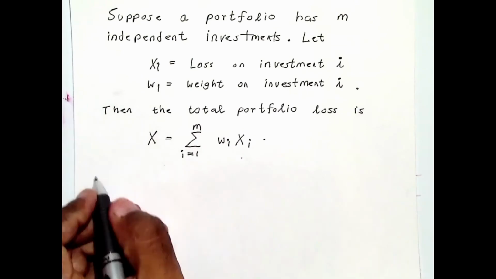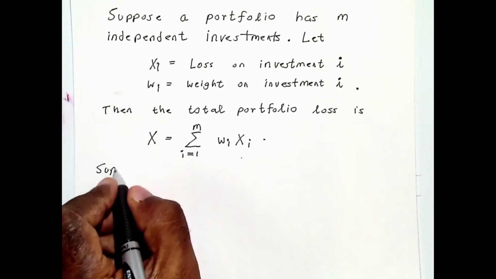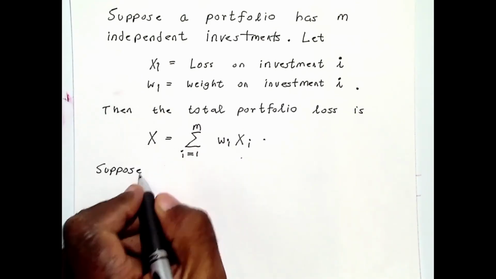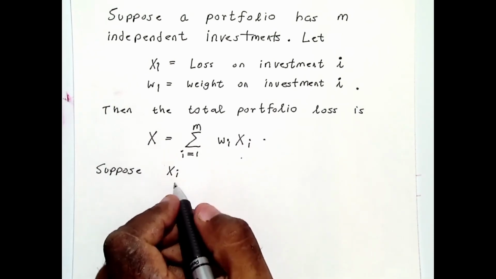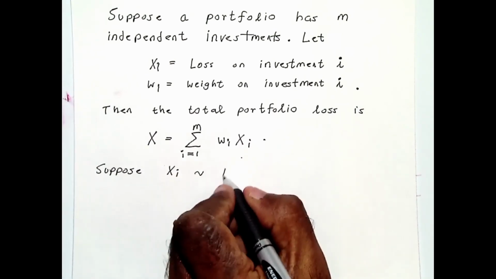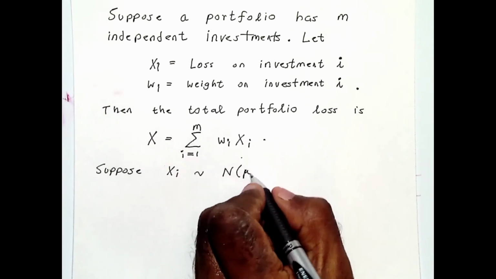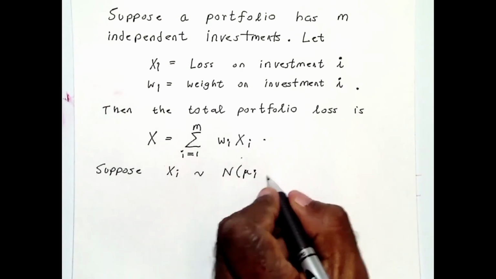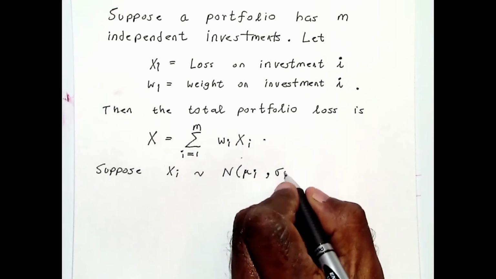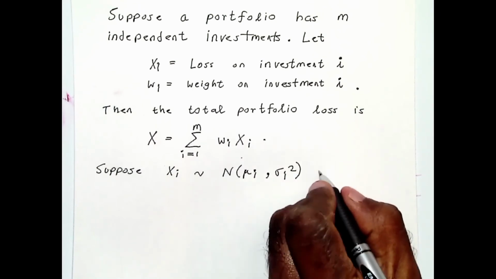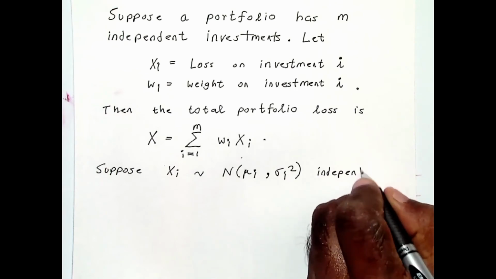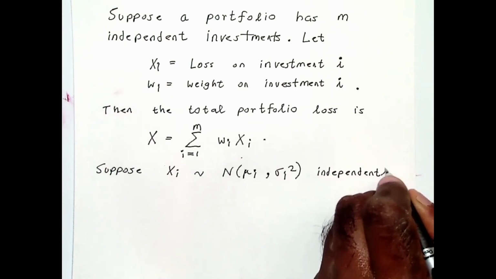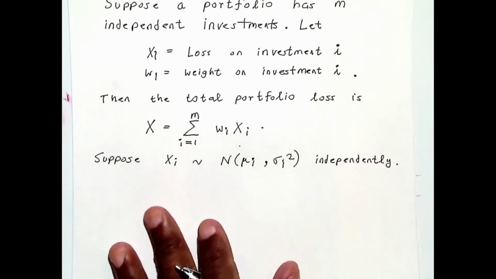Okay. Now suppose that the loss on investment I has a normal distribution with parameters mu I, the mean, and sigma I squared, the variance, and are independent.